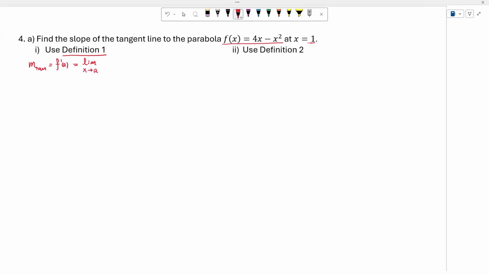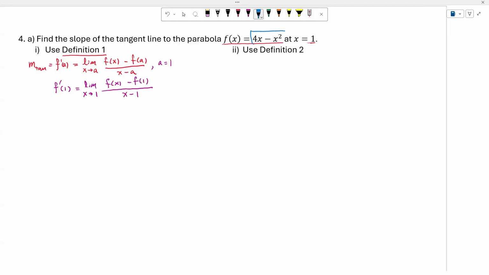The limit as x approaches a of f of x minus f of a over x minus a. And now in this case, we know that a is equal to 1, so we replace this. So I'm looking for f prime of 1, which is the limit as x approaches 1 of f of x minus f of 1 over x minus 1. Okay, so this is how we set it up.